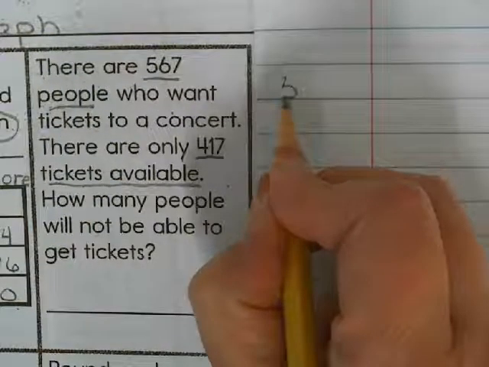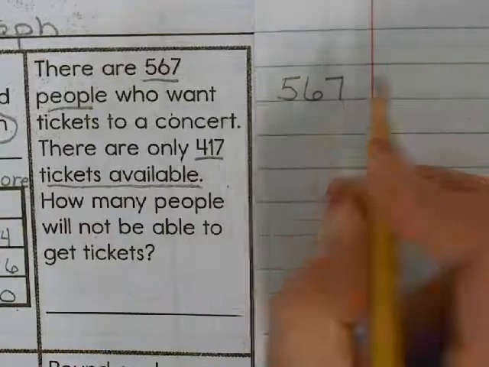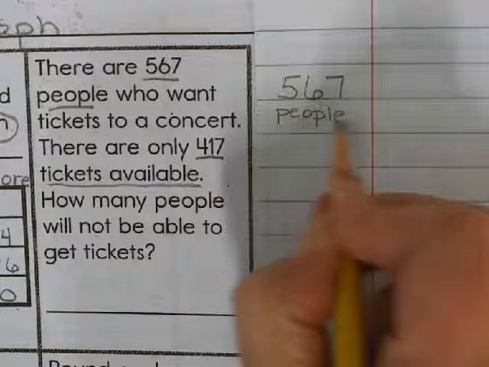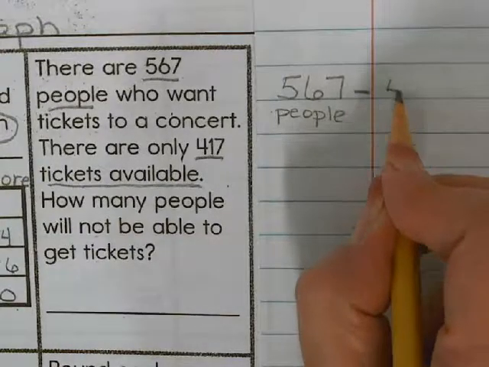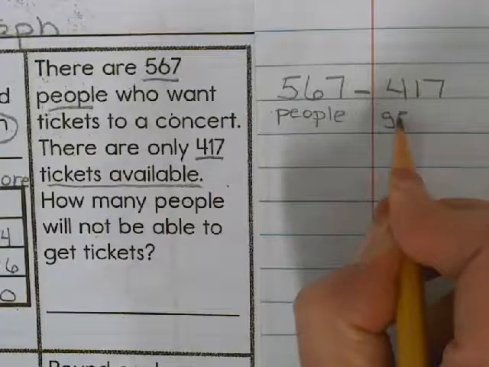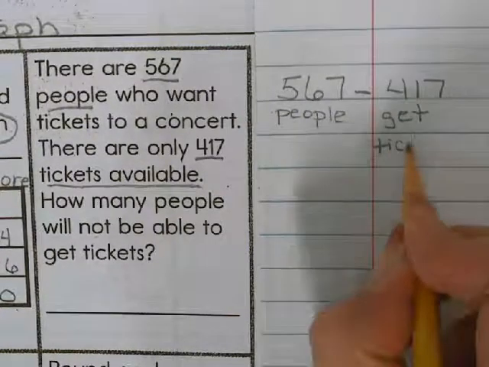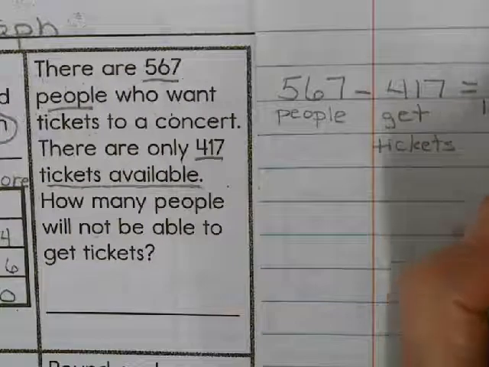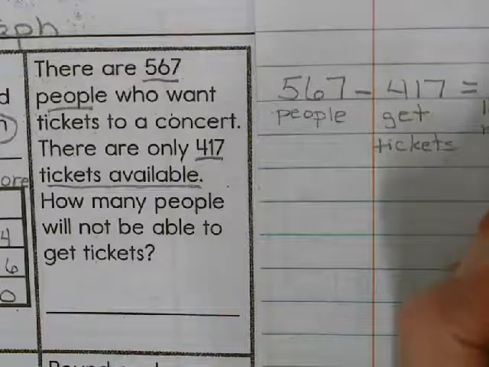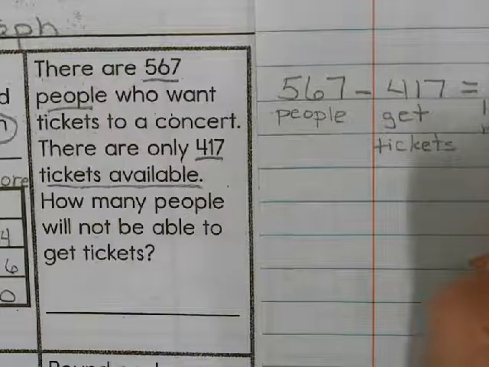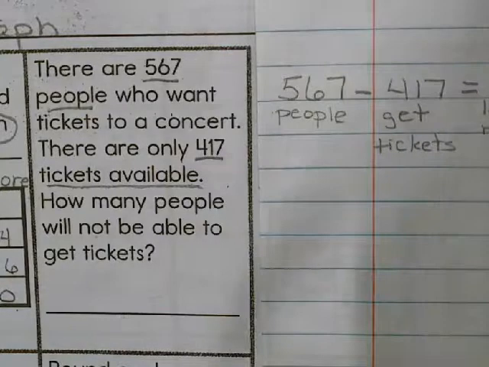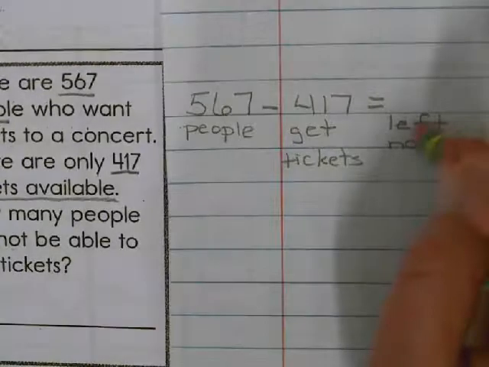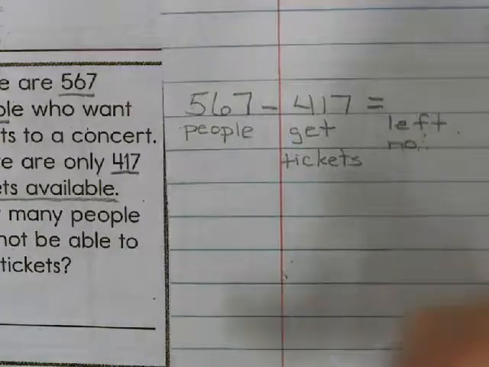If I take all the people that want the tickets, and the people who are going to get tickets, then when we subtract, we find out how many people are left with no tickets. Actually, that looks pretty close.